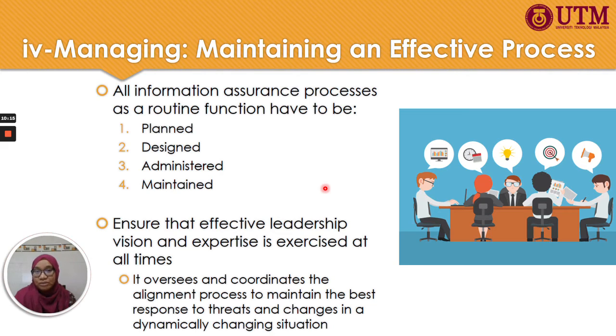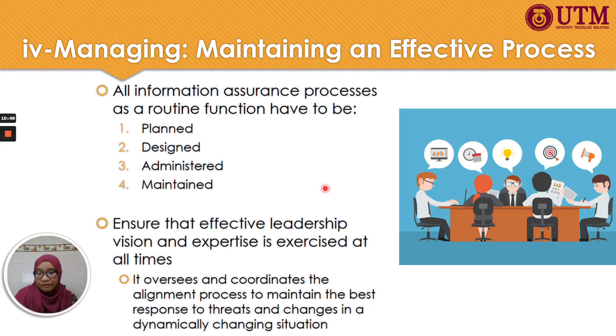And lastly is the managing. After the incident has happened, what should you do? Just leave it as it is, or do the CQI, the continuous quality improvement phase? So there should be a meeting after any incident, and we need to get lessons learned from that. In short, all the information assurance process involves a routine function, which is plan, design, administer, and maintain.